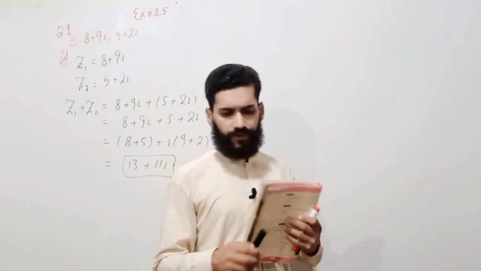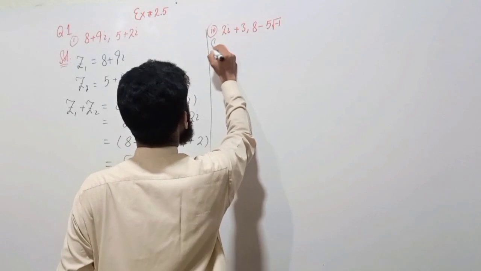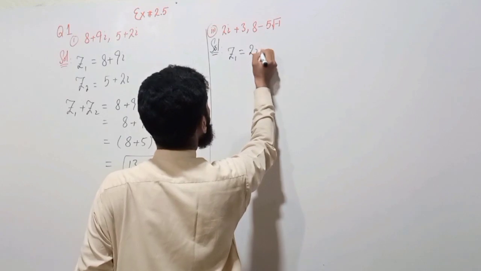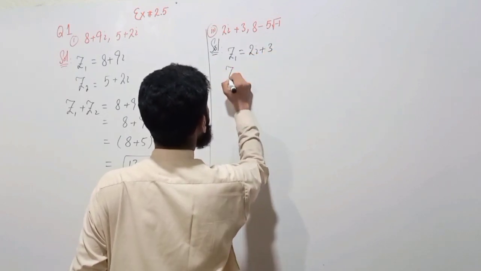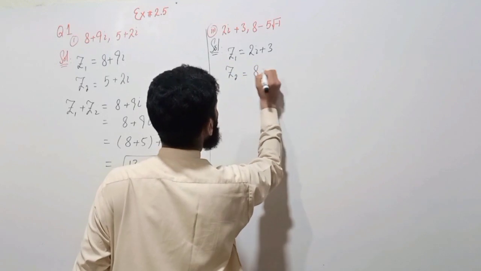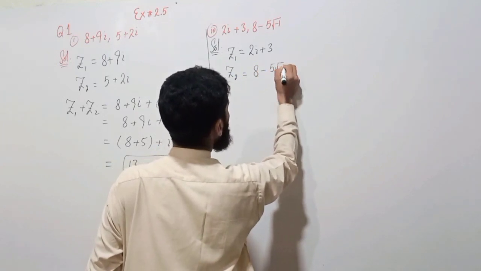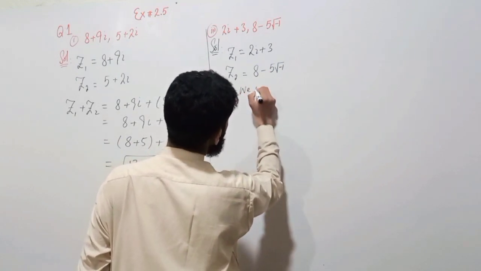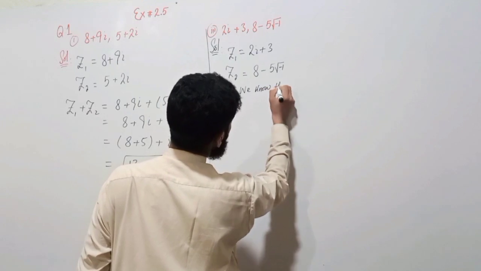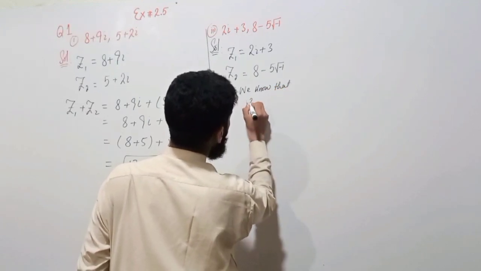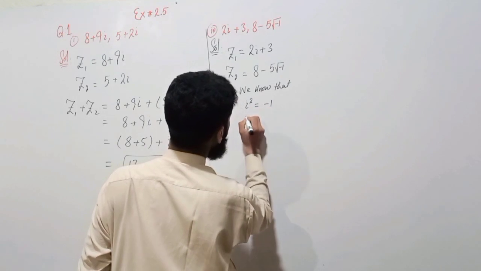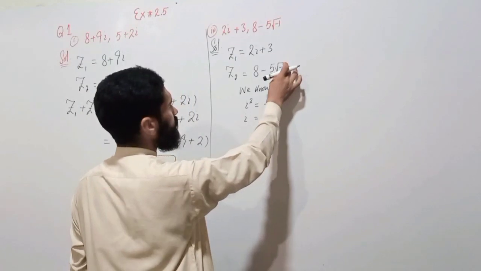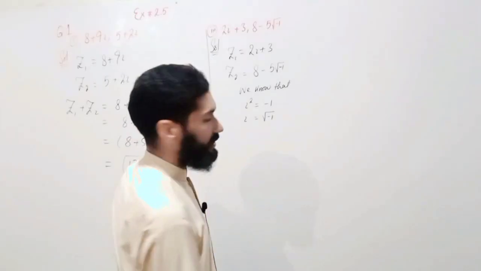Second part. In the solution, first name z1 is equal to 2 iota plus 3 and z2 is equal to 8 minus 5 square root of negative 1. We know that iota squared is equal to negative 1 and iota is equal to the square root of negative 1, so we write iota in place of the square root of negative 1.